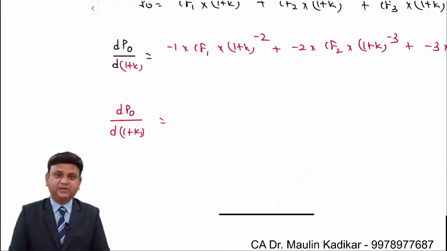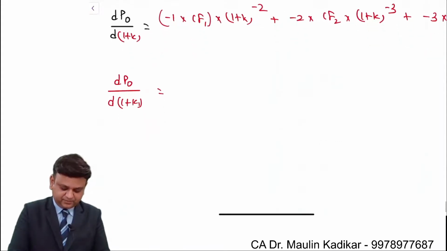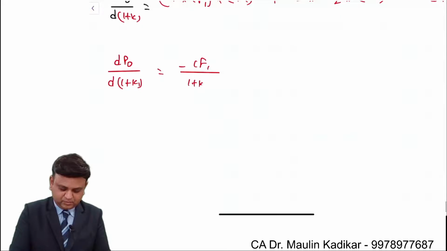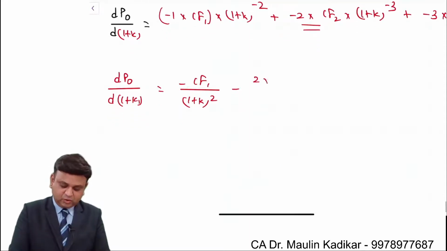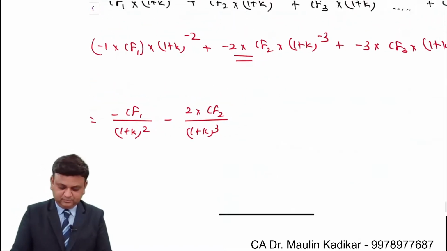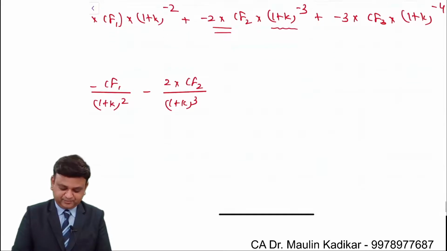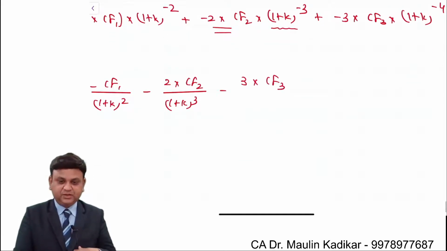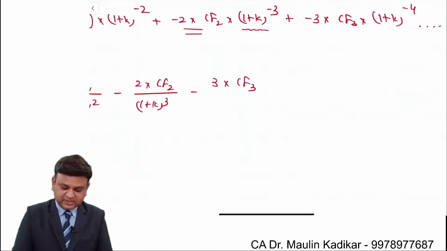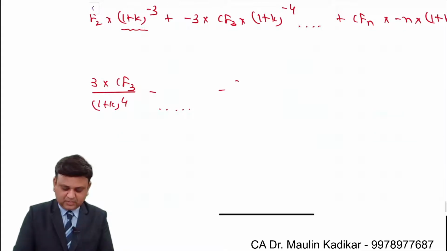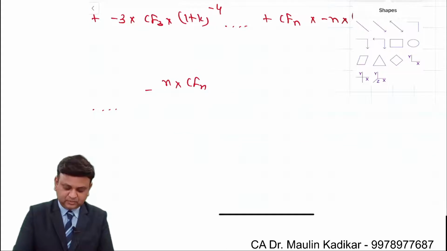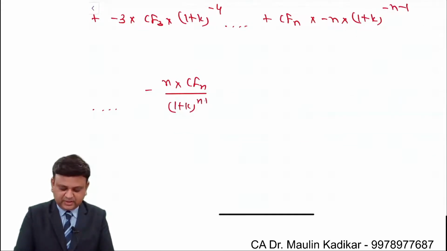Once you simplify the formula, this will become negative cash flow divided by (1 plus k) raised to 2, minus 2 into cash flow for the second year divided by (1 plus k) raised to 3, because now from multiplication it is going into division, minus 3 into cash flow for the third year divided by (1 plus k) raised to 4, minus n into cash flow for the nth year divided by (1 plus k) raised to n plus 1.